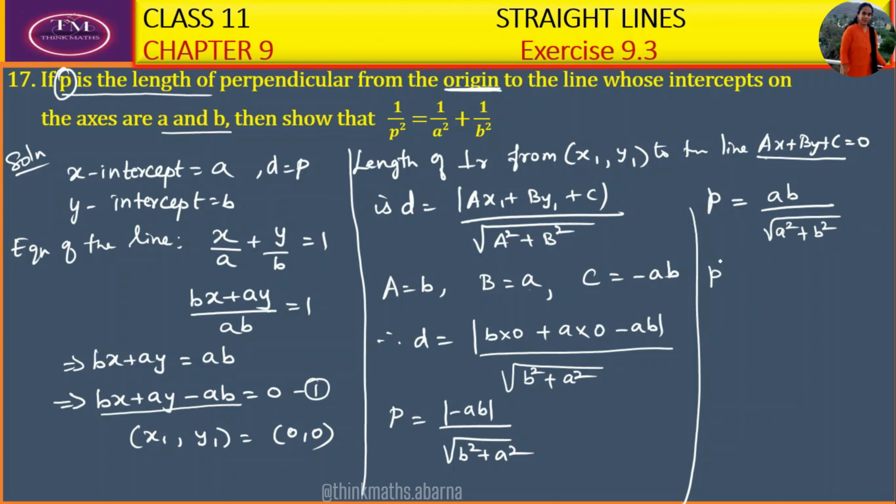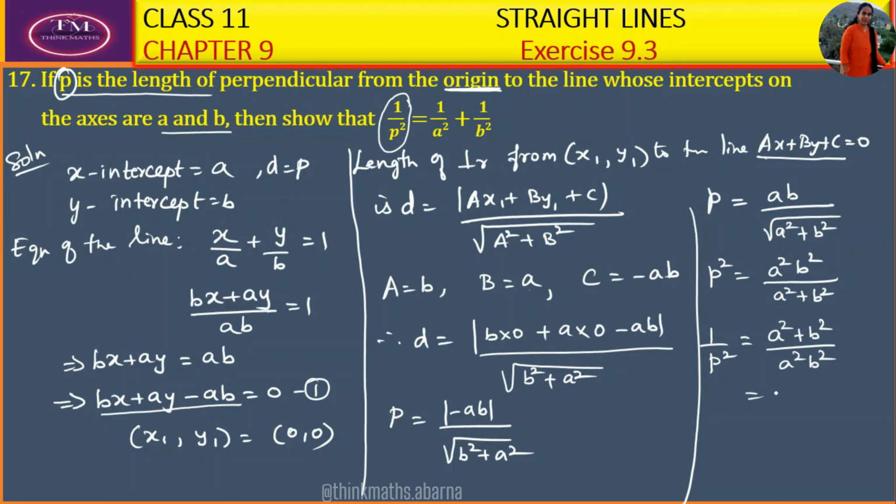If we square, the root goes away and we get a square b square by a square plus b square. As we have 1 by p square, let us also reverse this. Numerator will go to denominator and denominator to numerator. So we will have a square plus b square divided by a square b square.